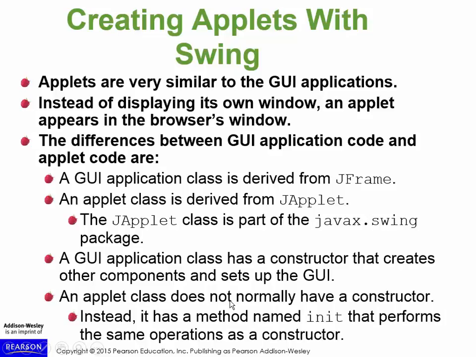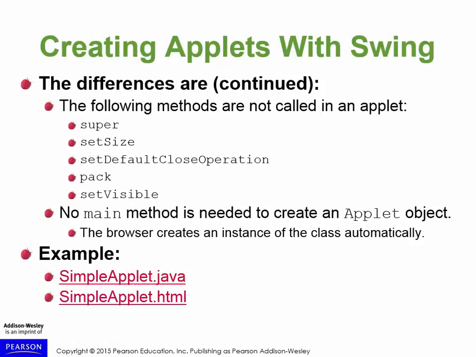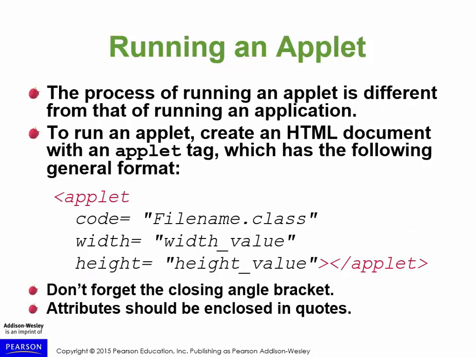Again, it has this init method that usually performs the same type of thing as a constructor. Notice what you don't have in an applet: a call to super, set size, set default close operation, pack, set visible. As I mentioned, there's no main. The browser creates an instance of the class automatically, and we'll take a look at that shortly.